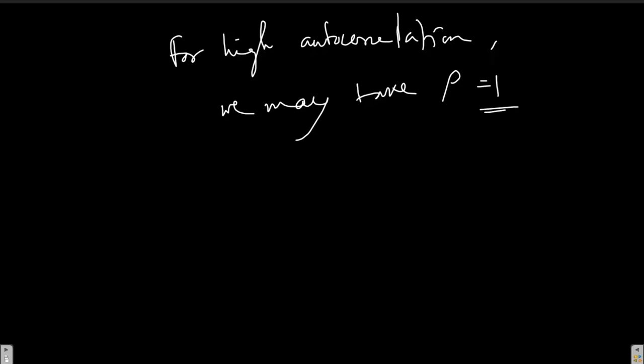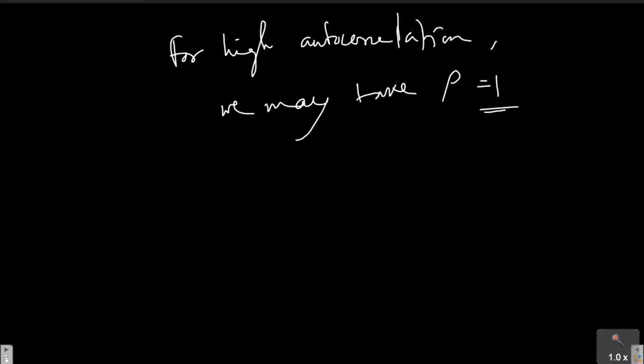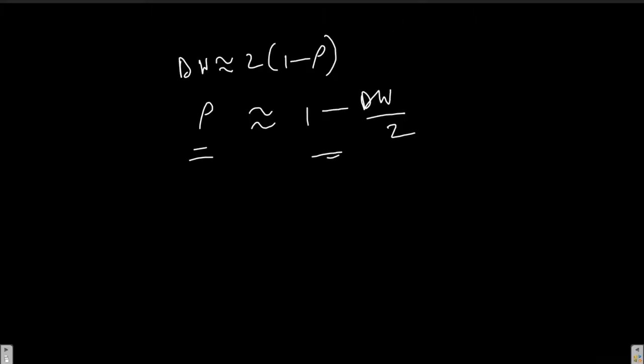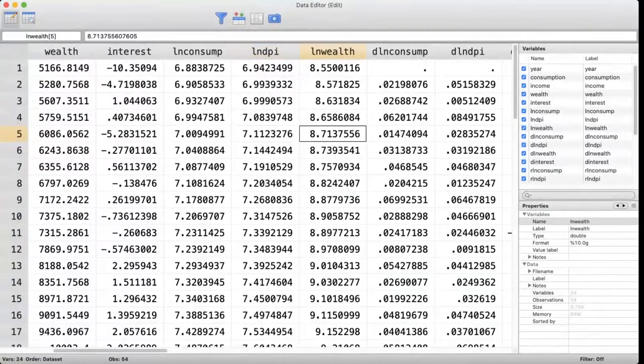On the other hand, you can also use different tests like the Durbin-Watson test, or you can run the regression on U t minus 1 and find out the value of rho, and substitute it and see what is happening. For example, in our data set, let me show you. We have also identified the value of R or rho.